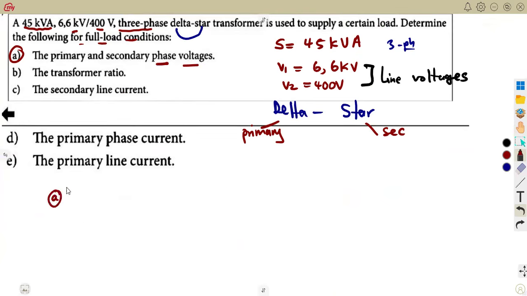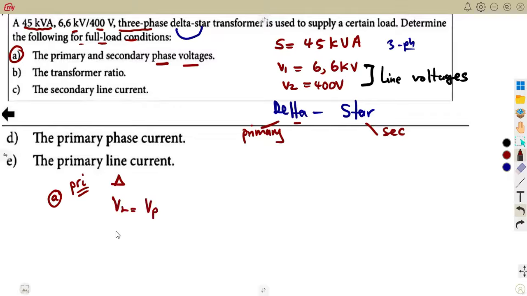So A, remember the primary side. What is it that you are considering from the primary side? It's a delta. In a delta connection, what is it that we understand in terms of the voltages? They're the same. Line voltage is equal to the phase voltage.